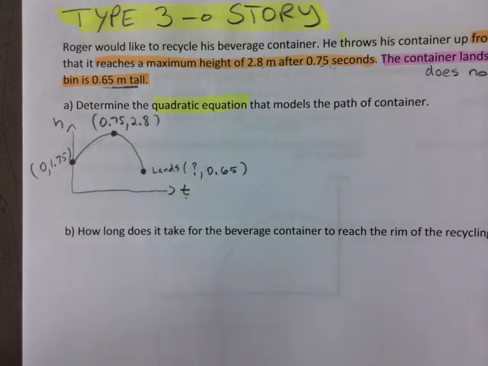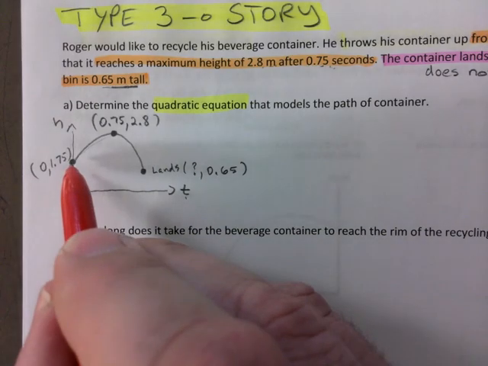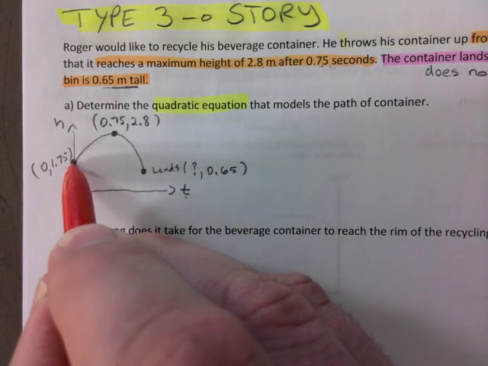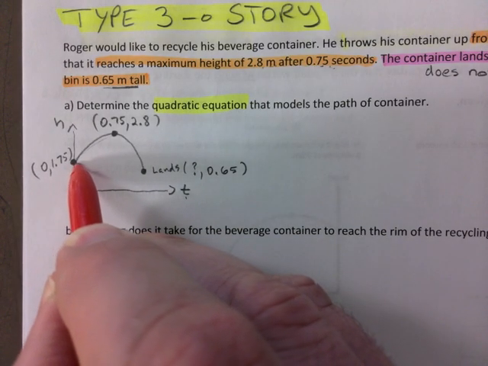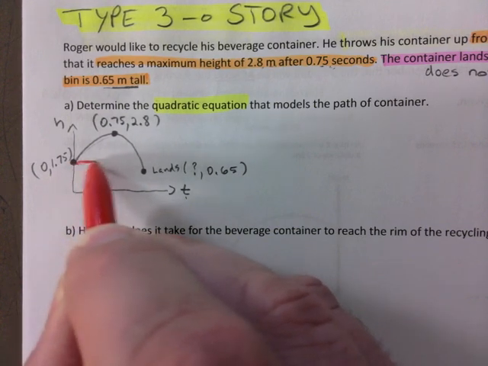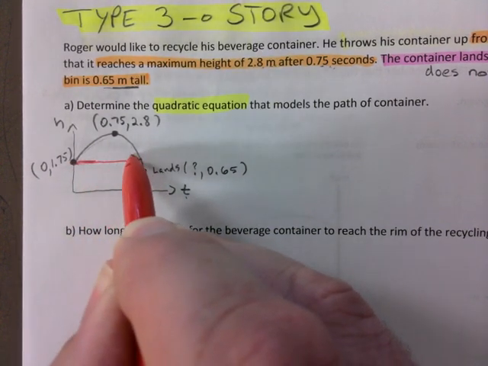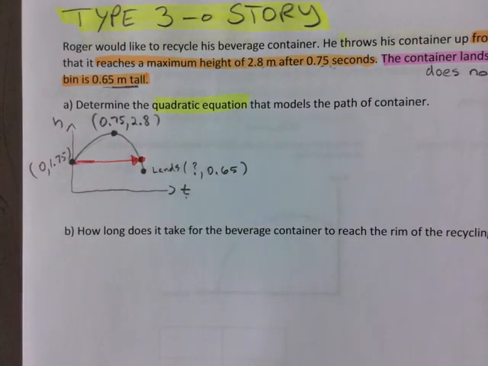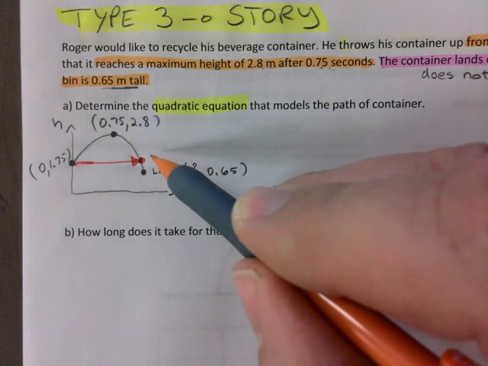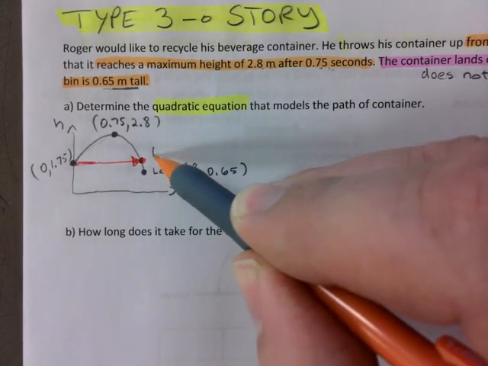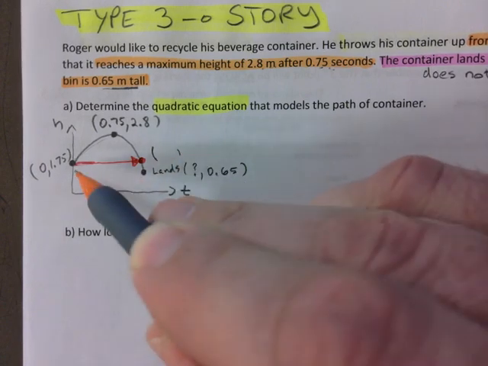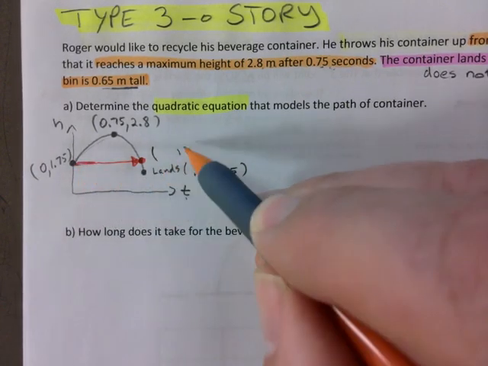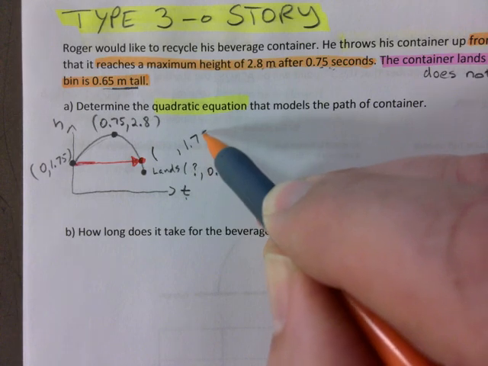How could we find our third point? You look where you started. You started here. You look right across. You look right across the parabola, and it is there. That's your third point. Okay, that's where we're gonna find our third point. We know that if we look right across, we're gonna come back to a height of 1.75.